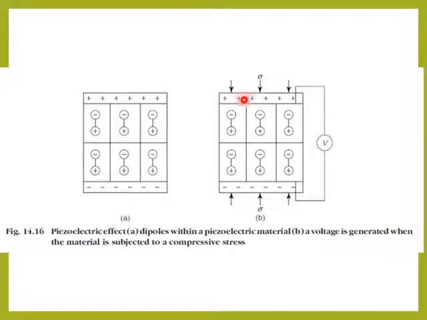When mechanical stress sigma is applied in both directions, a voltage is produced and a current flow is produced across it. This type of material, which produces electric current by application of stress, is called a piezoelectric material, and this effect is called the piezoelectric effect. This is the direct piezoelectric effect.